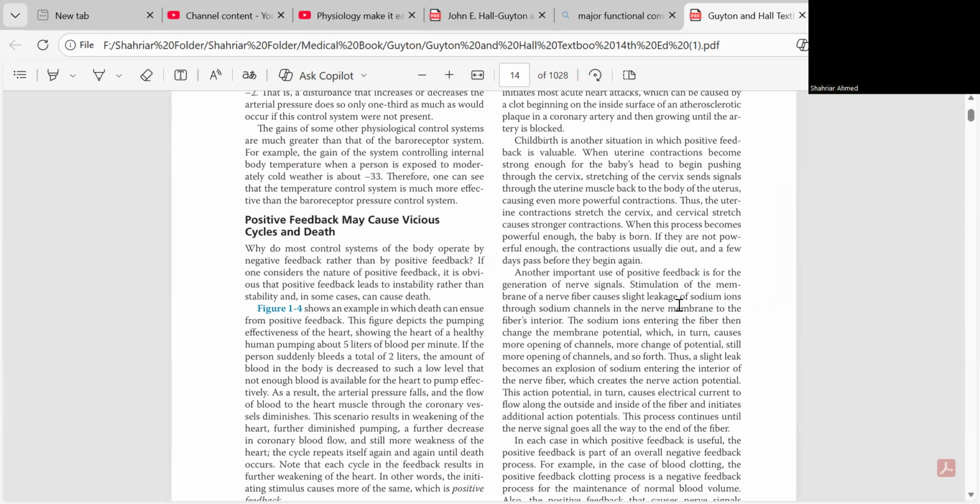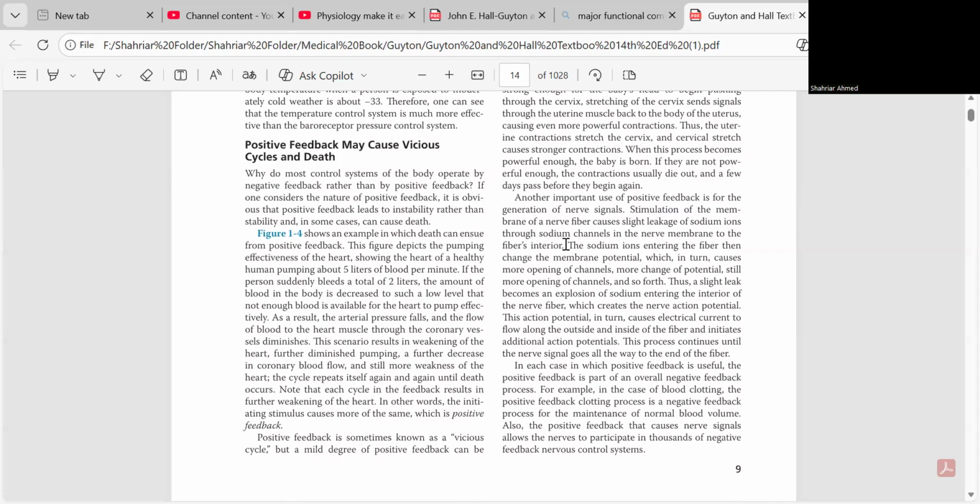If I make you understand in short how sodium helps to generate an impulse: when sodium ions enter the membrane, at first a slight amount of sodium enters, and when slight sodium enters, more sodium will enter, and this will increase up to the threshold level to form the action potential or a nerve signal. The sodium ions entering the fiber then change the membrane potential.